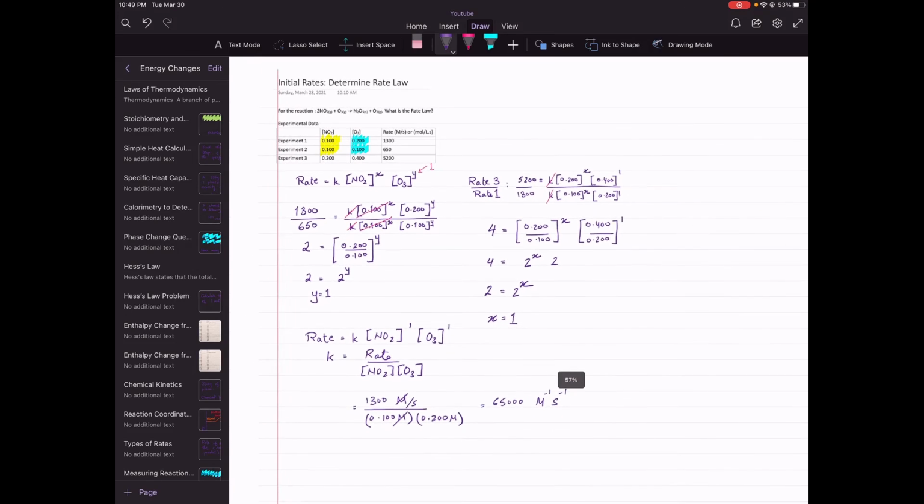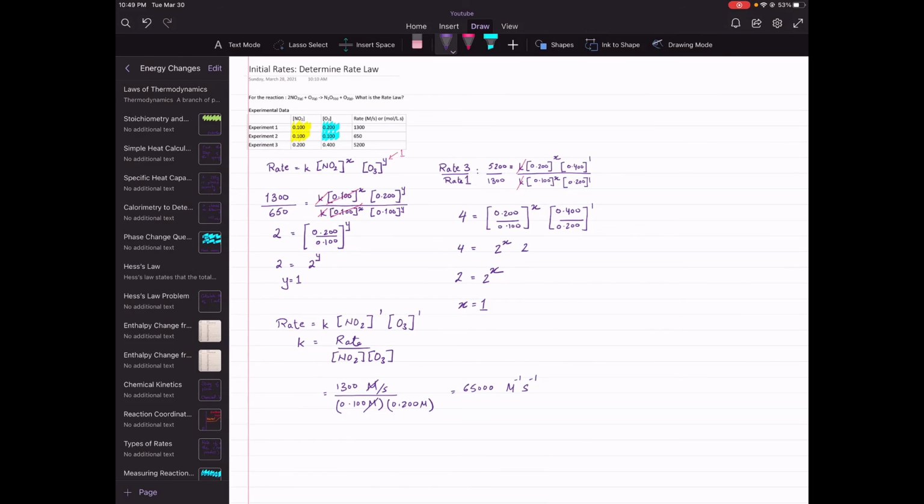And now the time to put the rate law all together. So rate law for this reaction is equal to 65,000 per mole per second, concentration of NO2 to the power of 1, concentration of O3 to the power of 1.